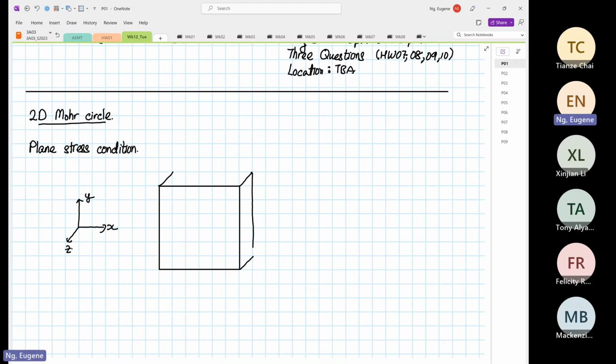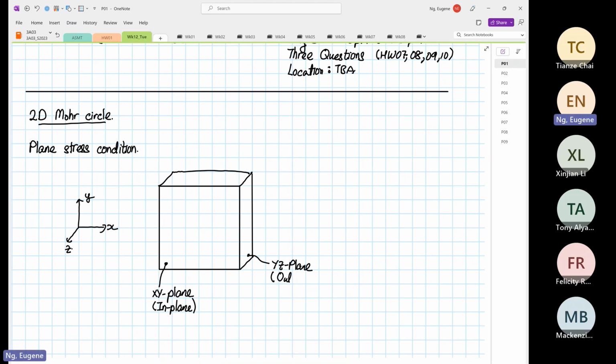An element usually has one surface that is bigger. So over here, this surface is known as our XY plane, and usually this is what we call in plane. Then this surface over here is what we call our YZ plane, and this is the way I drew the element.